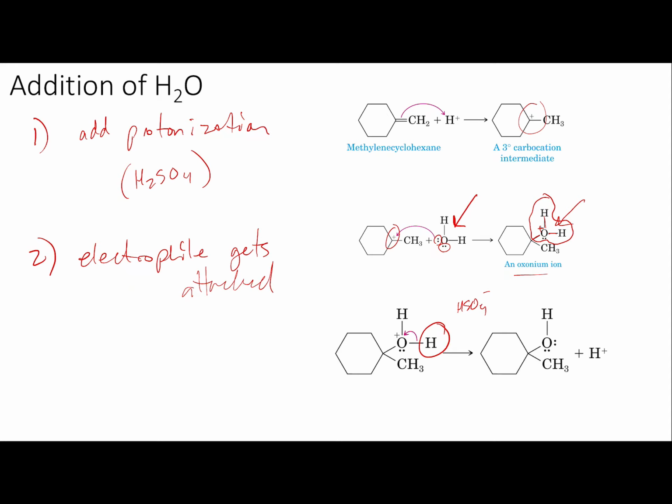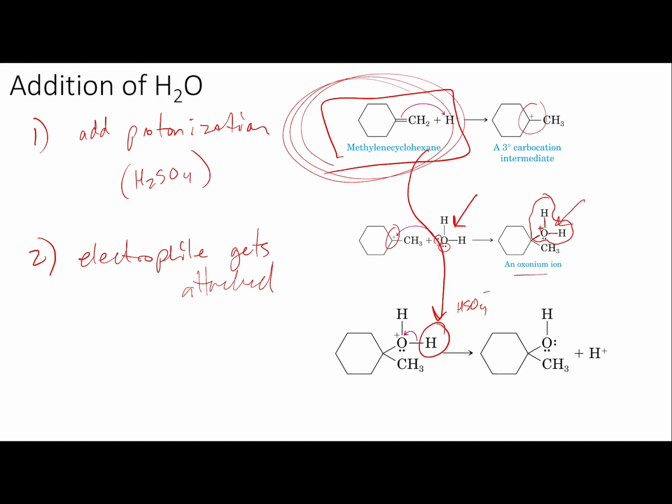But once this gets going, you can probably imagine another molecule of methylenecyclohexane being the one that comes in here and pulls off this hydrogen. Because this was the original molecule that was needing a hydrogen, and now we have our end product here that's a little bit unstable because of all this positive charge and this extra hydrogen, and something just needs to come take that off.